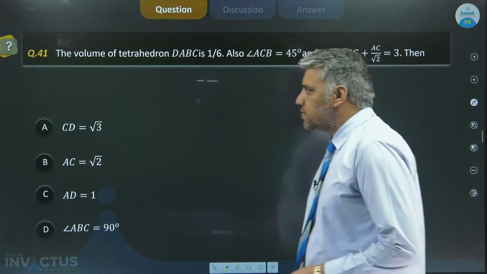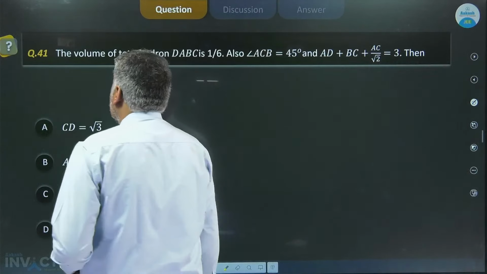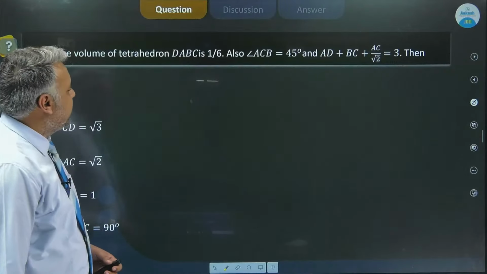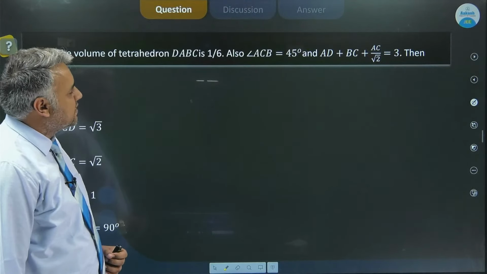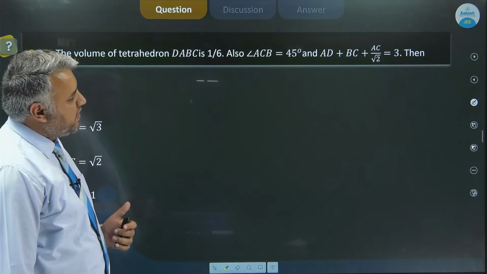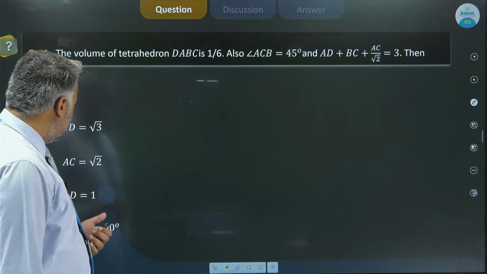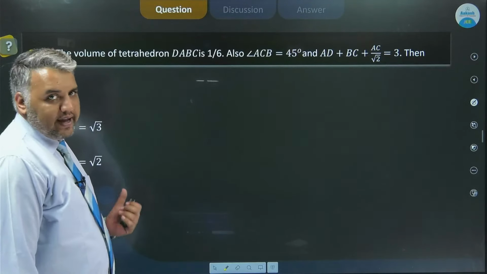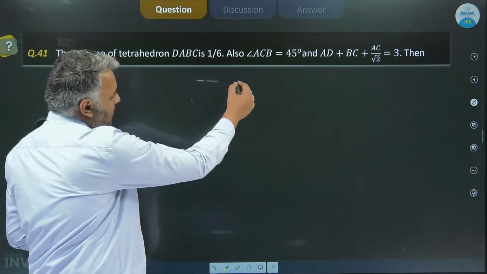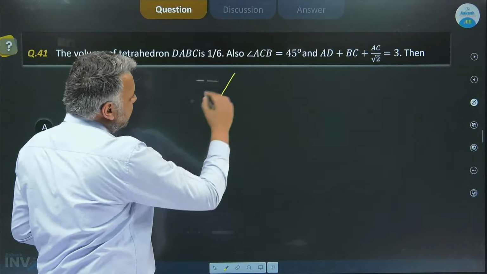It was an easy question. Okay, in the next question, the volume of a tetrahedron DABC is 1/6, and angle ACB is given 45 degrees, AD plus BC plus AC by root 2 is 3. Then we have to comment on some side lengths and angles. Okay, let's draw this tetrahedron.